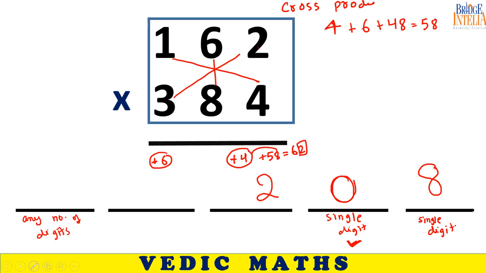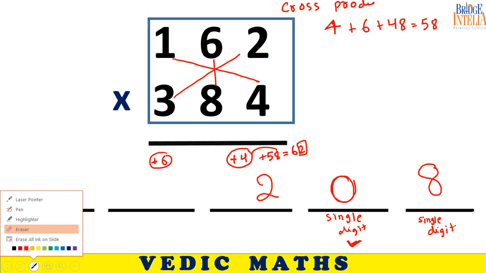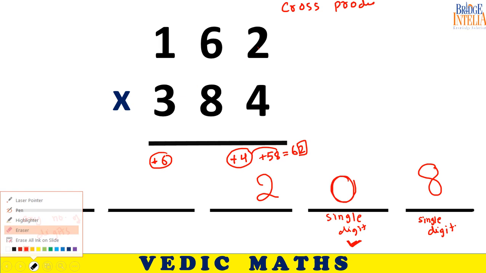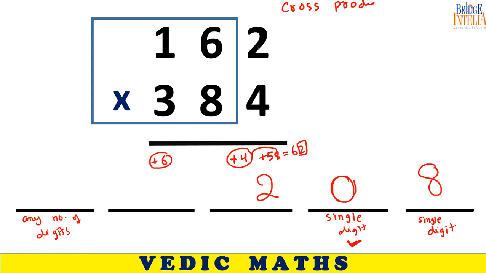Now we have already found out the cross connection product in this position. So it's time to move the box further ahead. So now we are moving the box ahead. Now there are four numbers inside this box. Connect 1 with 8 and 3 with 6 and find the cross connection product. So 1 into 8 is equal to 8. 3 into 6 is equal to 18.